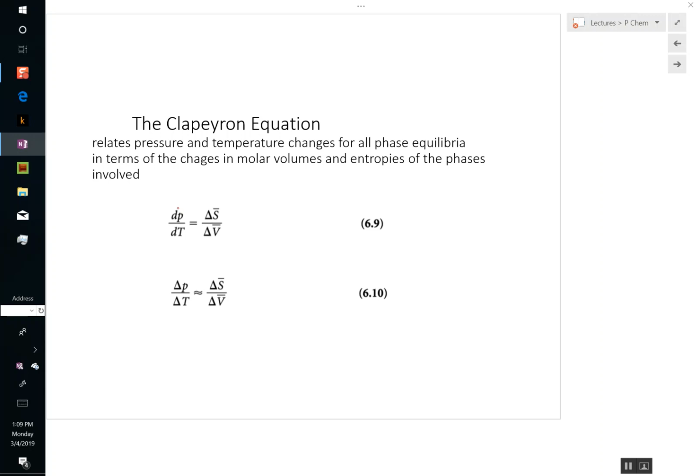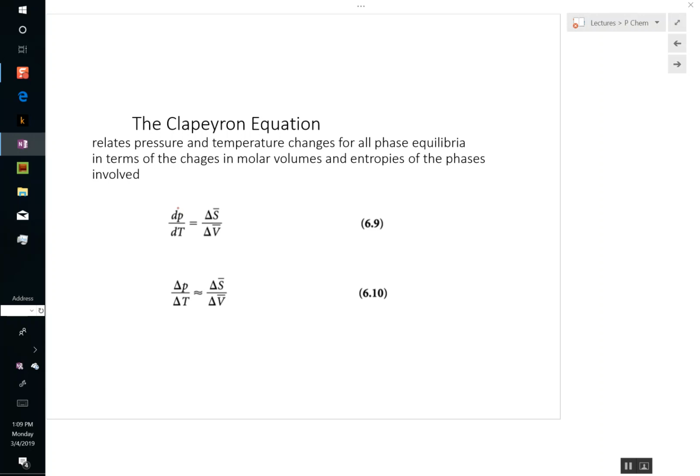But over a reasonable range of pressures and temperatures, this is a good approximation of that precise equation. This is worth noting because when you do this calculation, you are not getting precisely the answer, but you're getting a good approximation of this relationship.